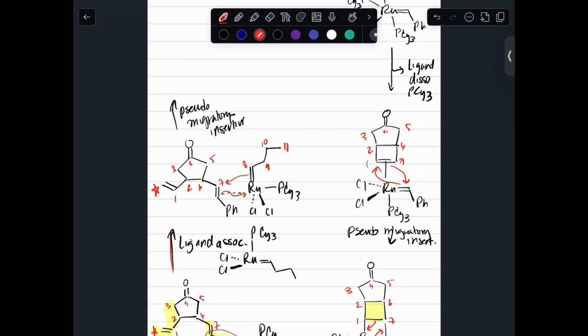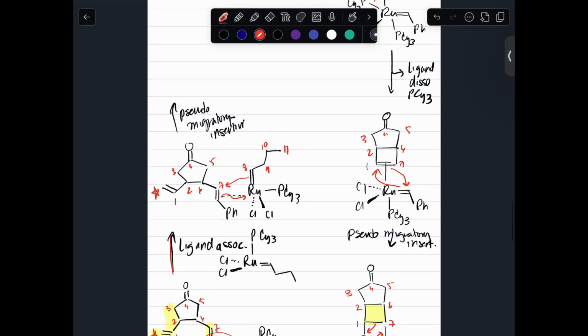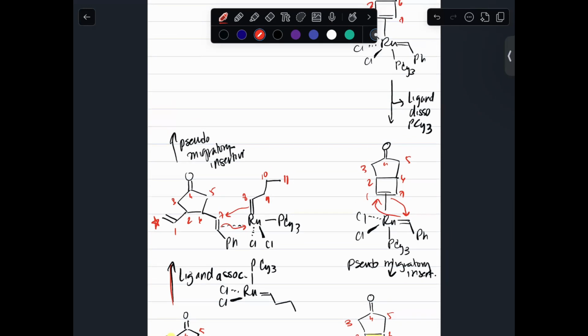So in this case, I knew carbon 7 and carbon 8 had to be bonded together. So I fixed the ruthenium system so that carbon 8 was facing the top of the ruthenium, right? So it's well positioned to start forming the metallocycle. And that can be a little difficult to get used to.